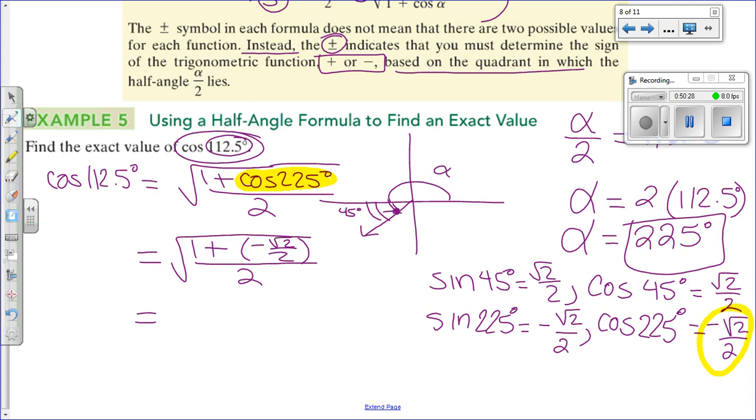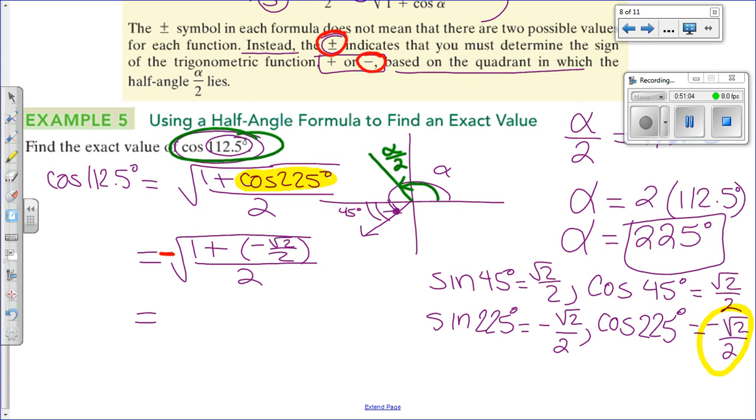For that angle, it's actually going to be less than 180. So I can go to 90 and then another 22.5 degrees, so maybe right here. That angle in green is actually alpha over 2, which is the one that we want to find the cosine of. At that particular quadrant, the cosine should be negative. So because of that, we're going to choose to go with the negative sign.